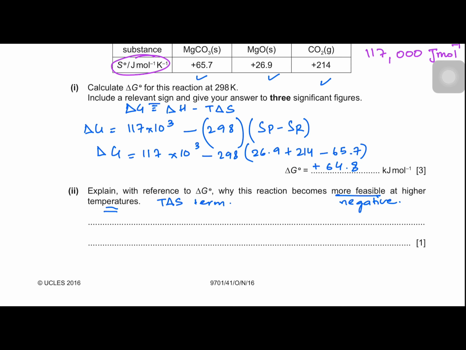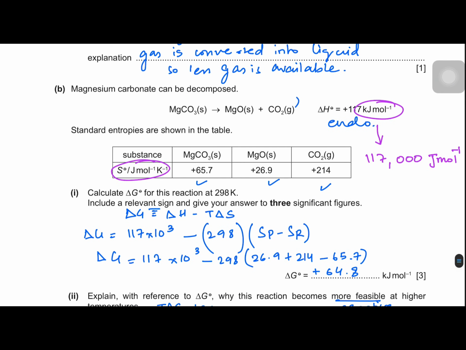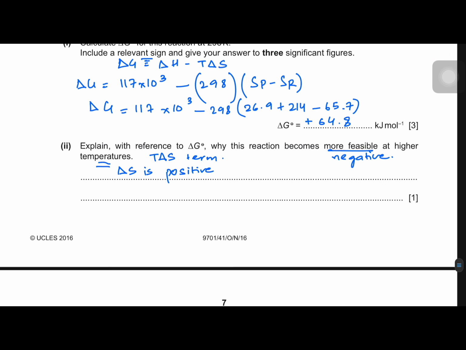Why does high temperature make a value negative? That is because the delta S is positive. You can also see from the equation, now carbon dioxide is made, which is a gas. A gas includes more entropy changes, positive changes. So if delta S is positive, T delta S would be positive.